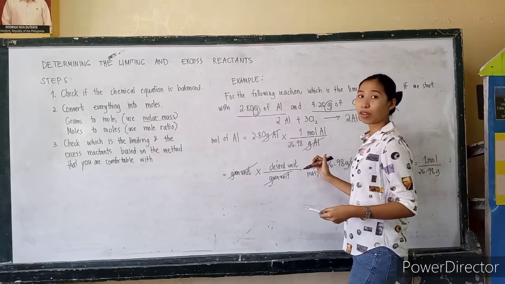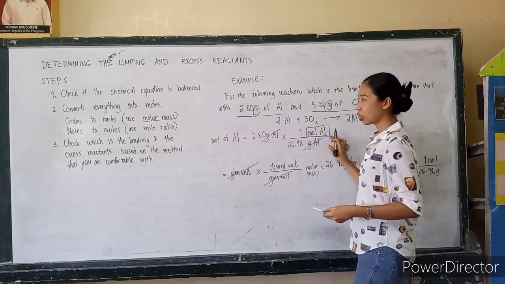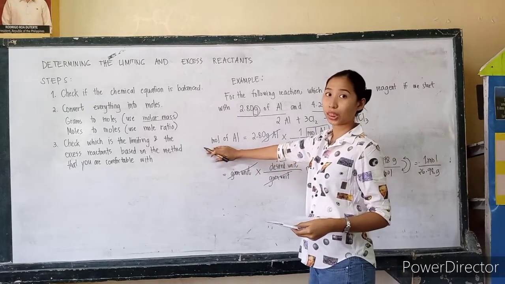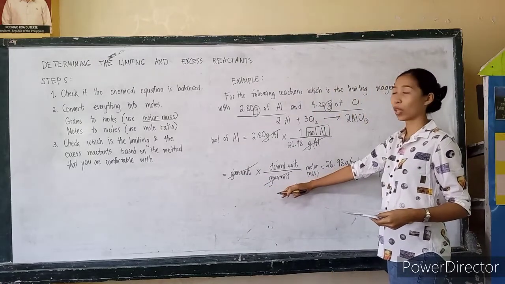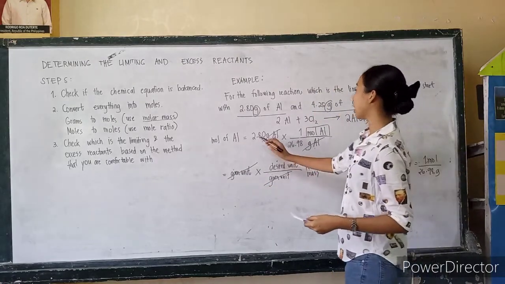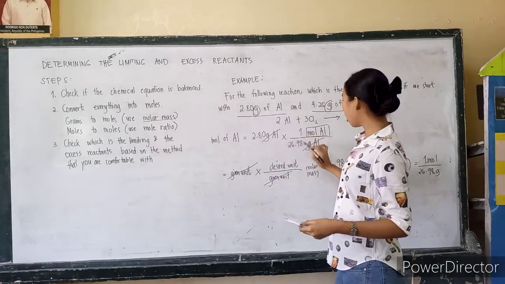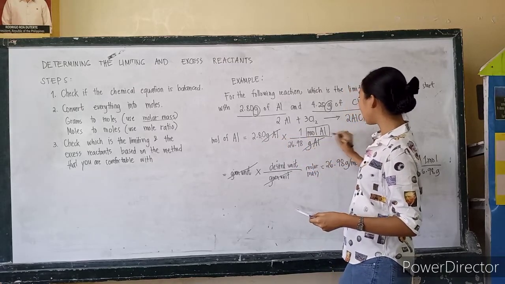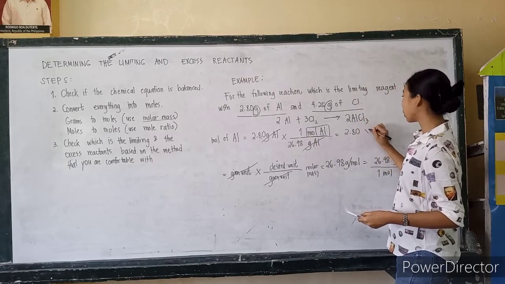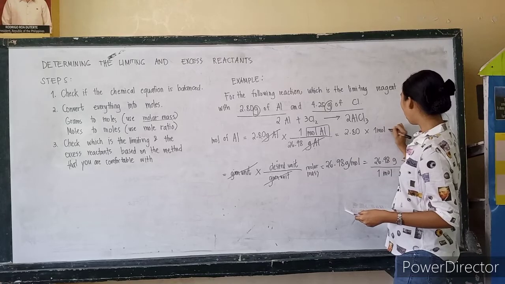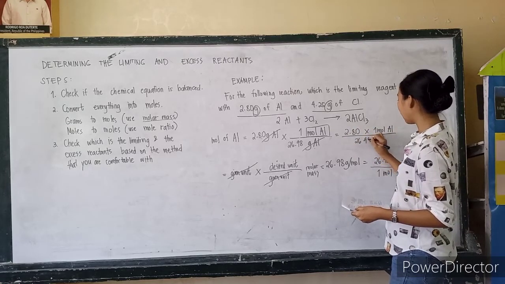Ang mabilin nato na unit, your mole, which is our desired unit. So now, i-multiply tanan nga nasa taas, pagkahuman i-divide sa nasa ubos. So, ang mabilin is 2.80 times 1 mole of Al over 26.98.